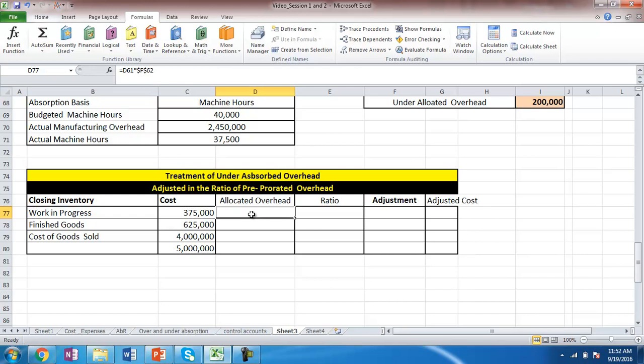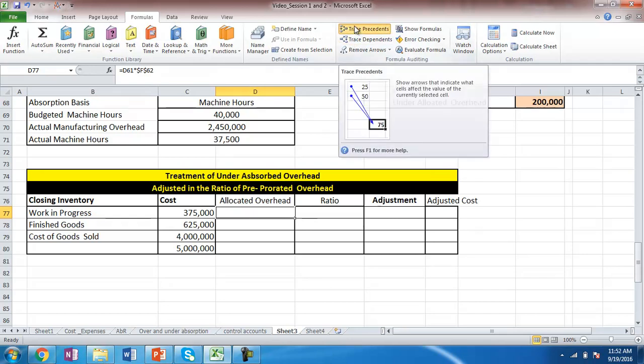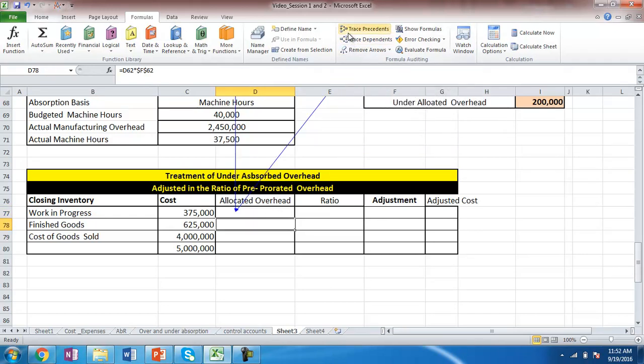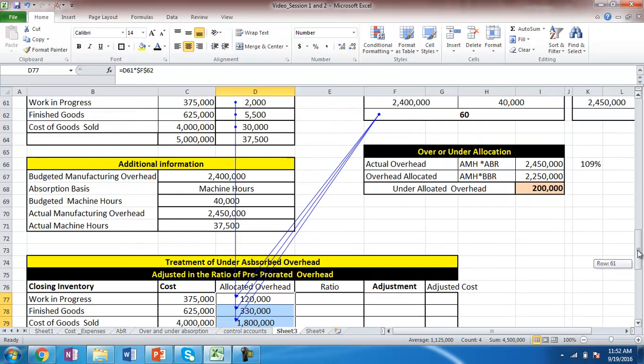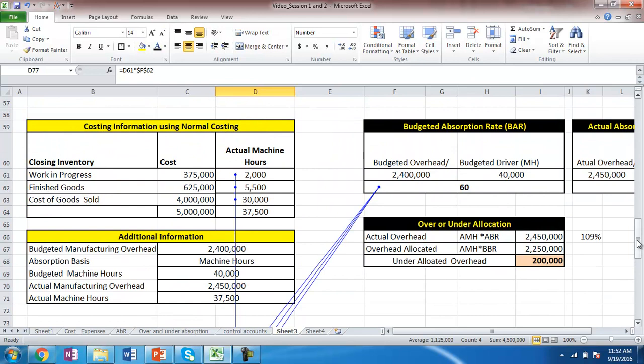Because we have been following normal costing, the allocated overheads in these three cases will be the actual time multiplied by the absorption rate. That's the feature of normal costing. So the overheads are allocated, absorbed or applied by using actual time into the budgeted absorption rate.